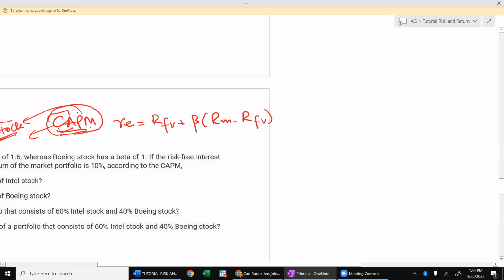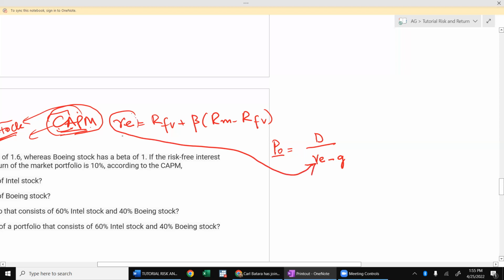So you see the price of a stock. We remember from the stock valuation model that the stock price was equal to dividend divided by RE minus G. It means the price of the stock is equal to dividend divided by cost of equity minus G, or return on equity minus G. Basically, the capital asset pricing model gives you this component.